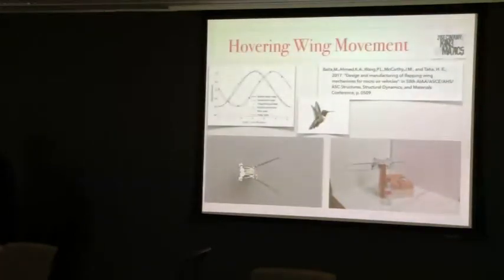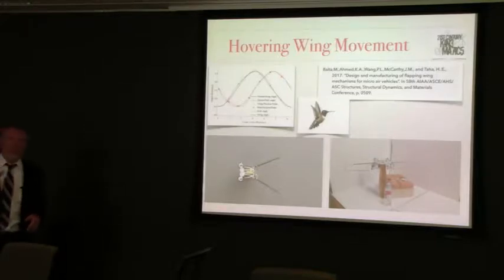Let me give you another type of wing movement. All right, this is a colleague of mine at the University of California, Irvine, who is studying the aerodynamics of hovering vehicles. One of the things that they know about the nano hummingbird, which is so famous because it was flying around with a camera on it, is that it maintained its pitch.